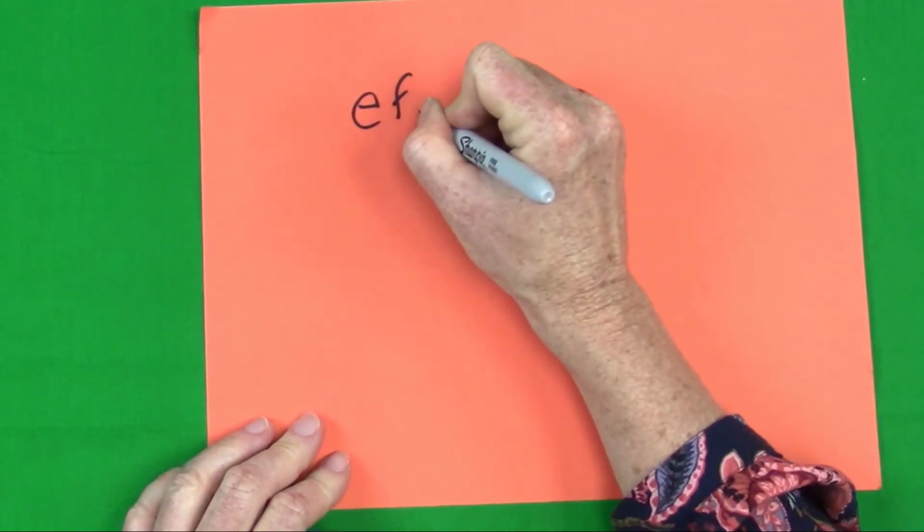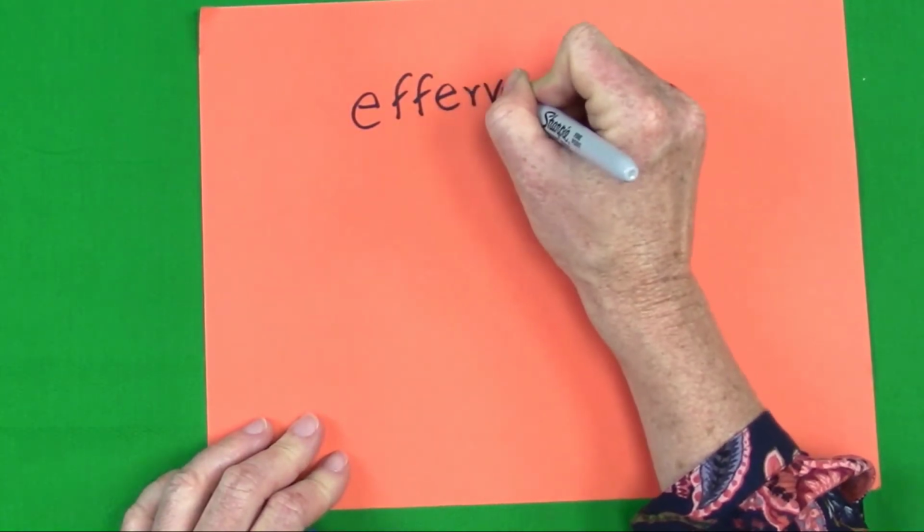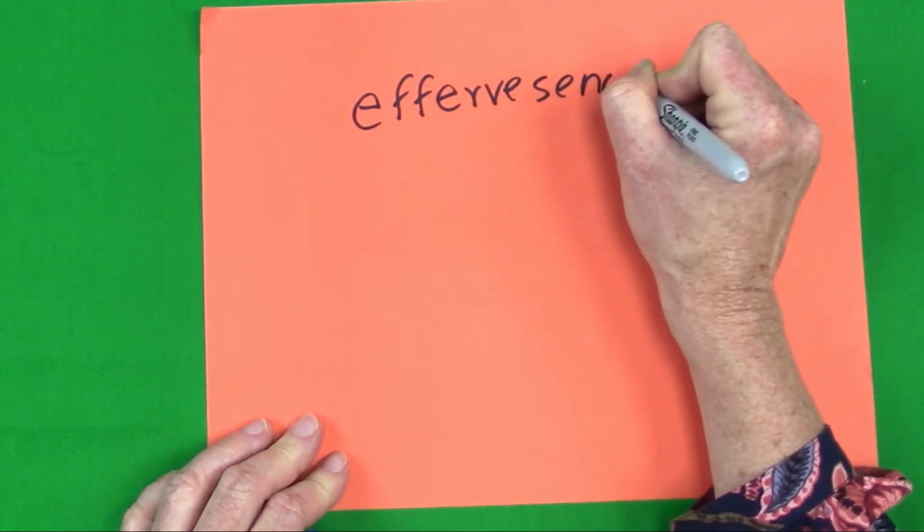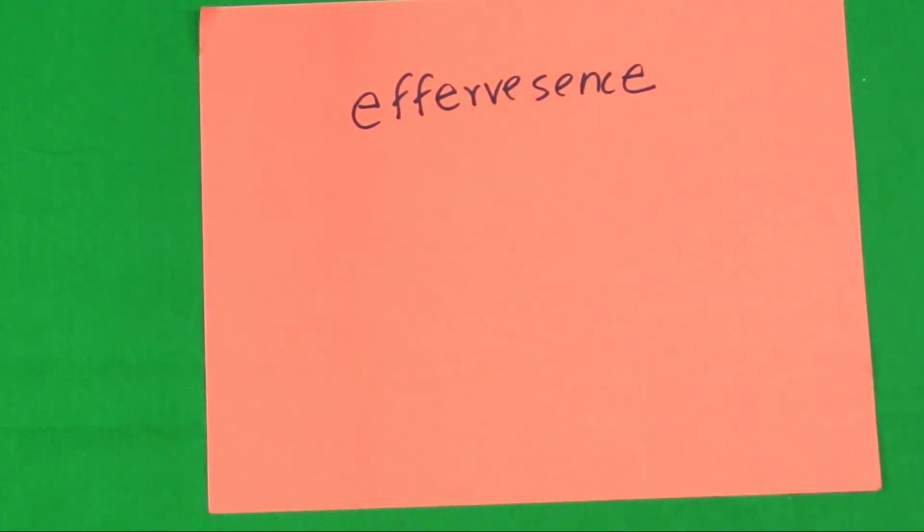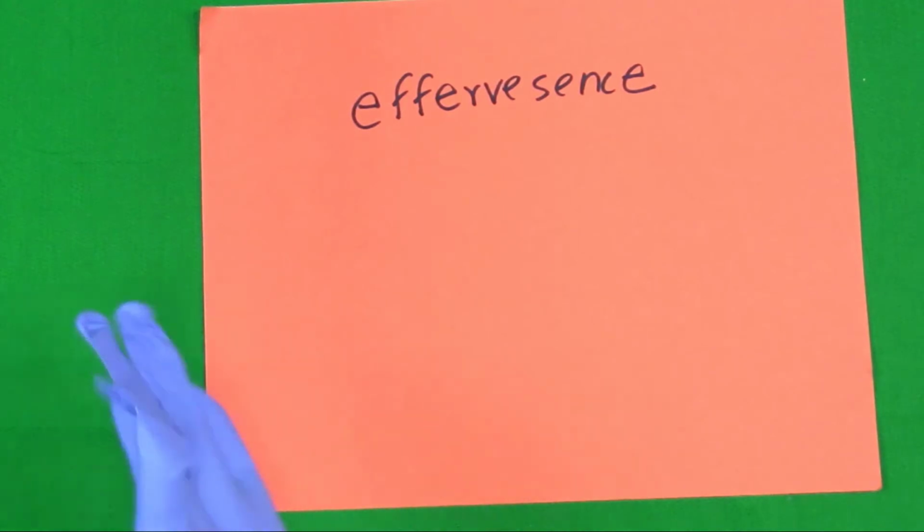Another test that can be extremely useful for a very small group of minerals is the effervescence test. So I'll go ahead and write that out. Basically what that means is that the mineral reacts very visibly by producing gas when in contact with a very weak acid.